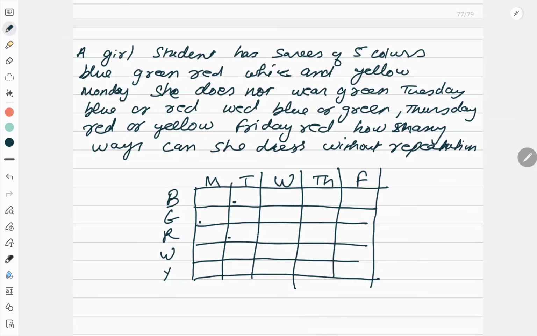So green and blue on Wednesday she doesn't want, and Thursday red and yellow. So red and yellow. Okay, and Friday red. So Friday she doesn't want red. So now what is the box? 1, 2, 3, 4, 5, 6, 7 and 8.